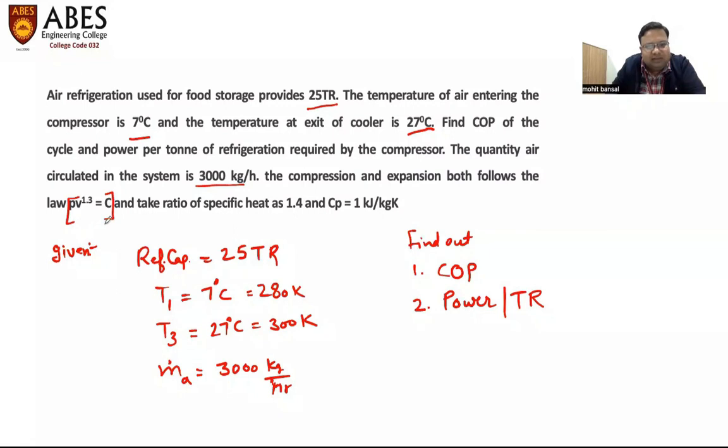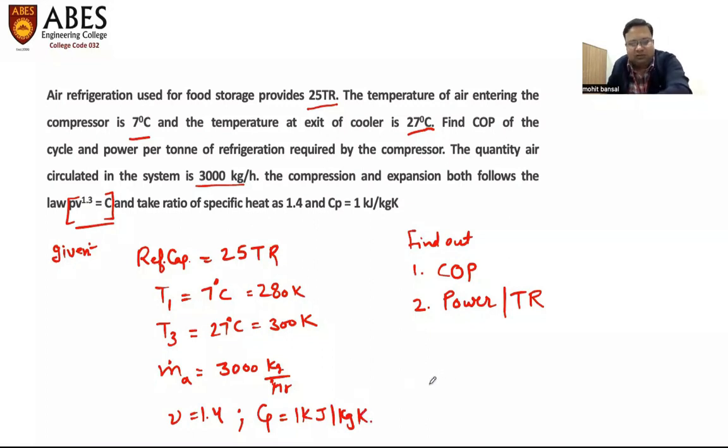This is very important here because it is not following the PV^gamma curve. Then take the ratio of specific heats gamma, which is 1.4, and the specific heat at constant pressure is 1 kilojoule per kg Kelvin. So these are the input parameters.